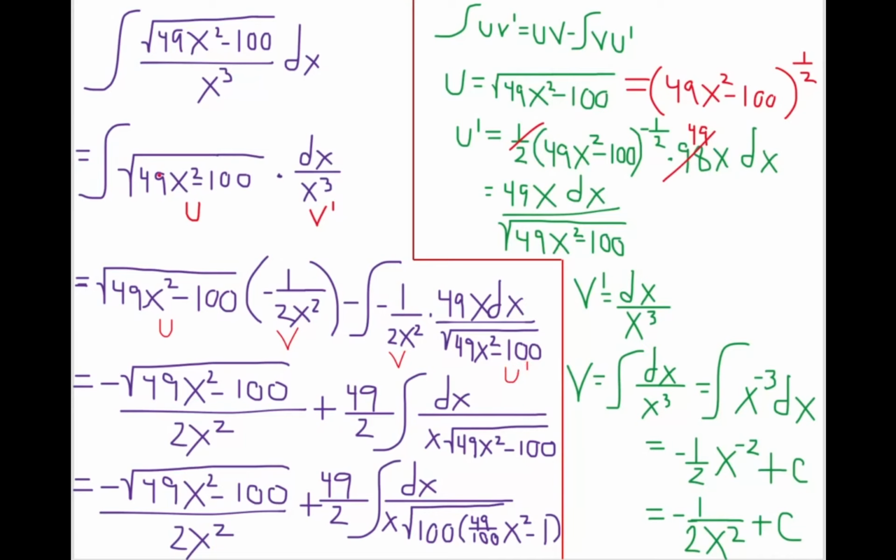And then we can simplify a little bit. So I just slid this 2x squared underneath here. Okay, it's multiplied. I also changed this to a plus because it's a minus minus. And then I pulled out the 49 over 2 because it's just a constant.